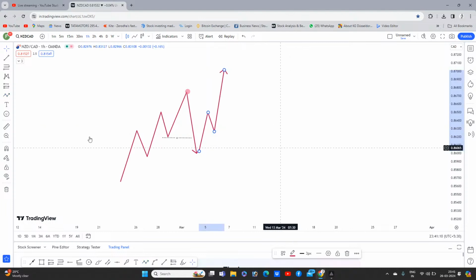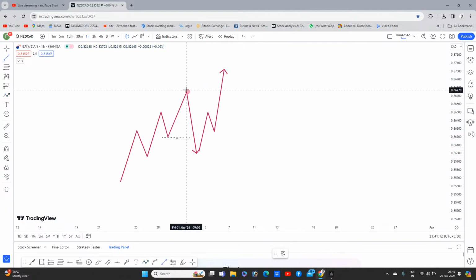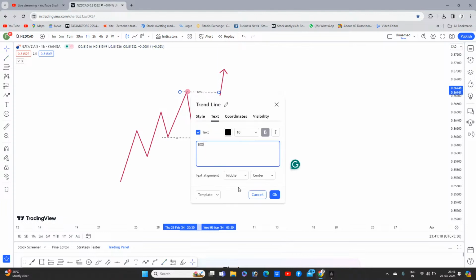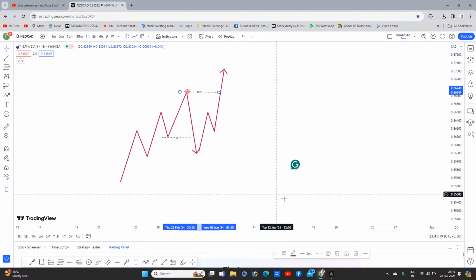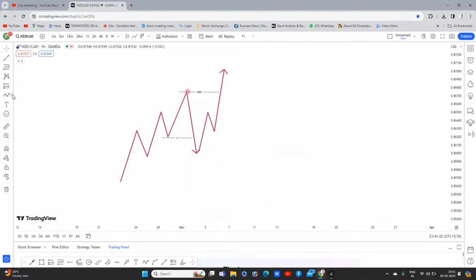And when the market breaks the structure here, which is called BOS, break of structure, we mark this as our swing low point. So this is called an uptrend structure of the market according to smart money concept.